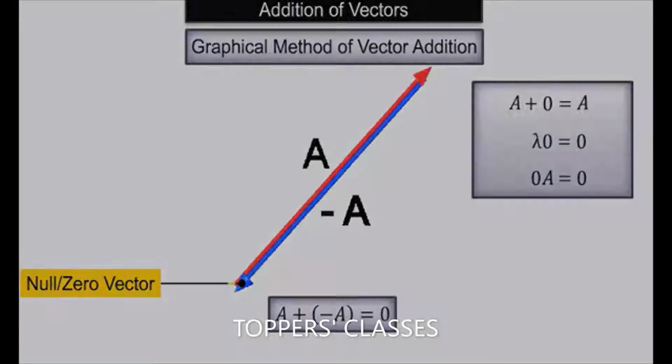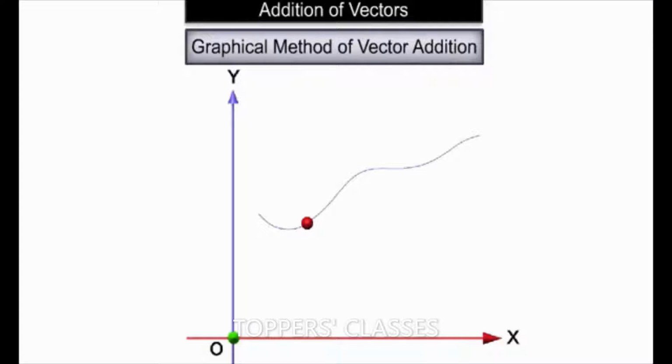Consider a body occupying position P with its position vector R at time t. From time t to t dash, it moves from position P to P dash. Its position vector at time t dash is R dash.